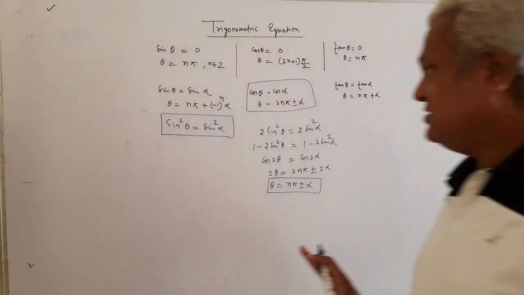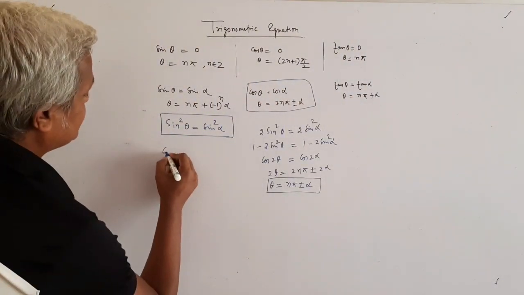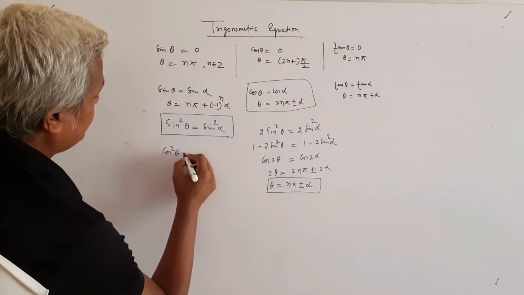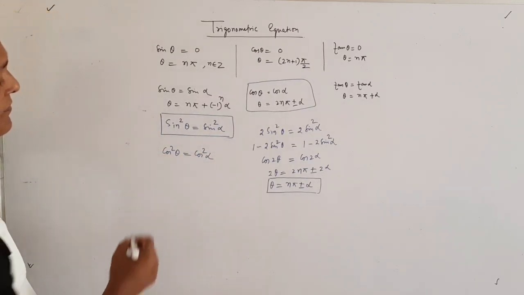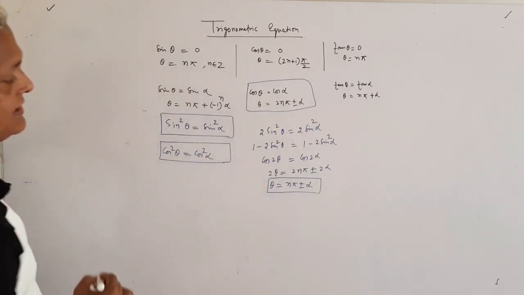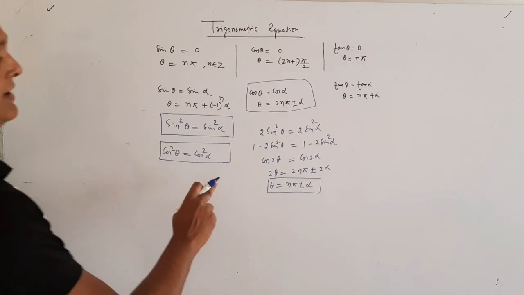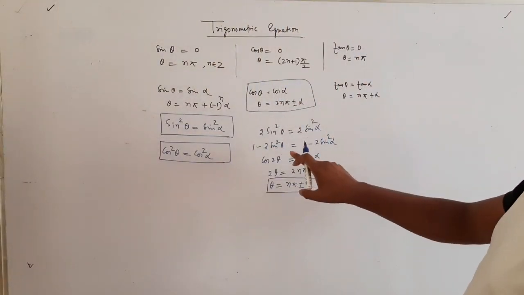Now I just want to solve another one, for cos square theta equals cos square alpha. This is the second form of this kind. Then I'll do the same thing because I have the formula 2 cos square theta minus 1 is cos 2 theta.